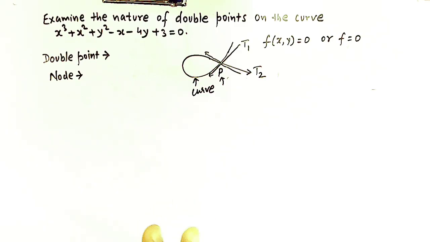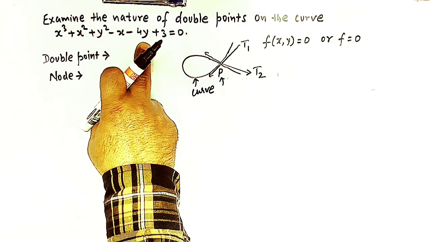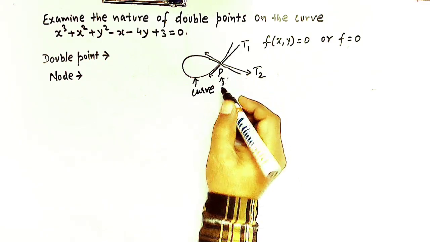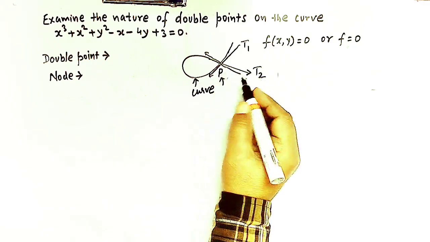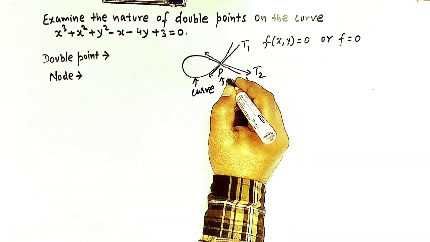So now let us consider the conditions when a given curve has a double point as a node, right? So in this problem, we are going to show that this curve has a double point as a node, right? So let us now consider the coordinates of this point P as say a comma b, right?